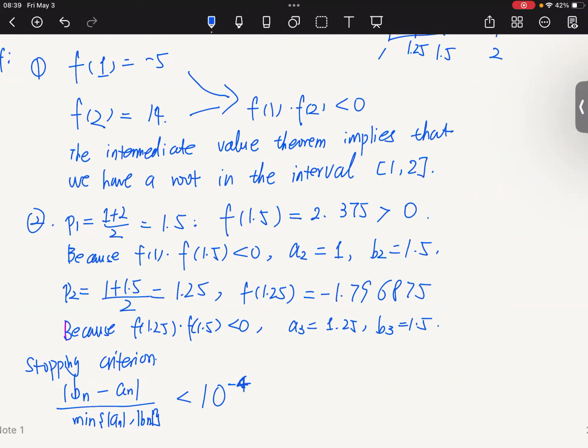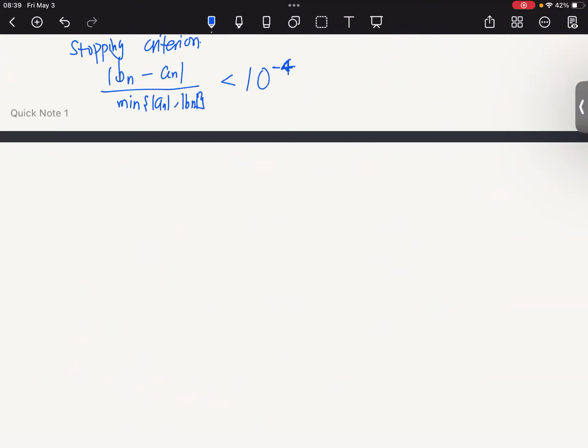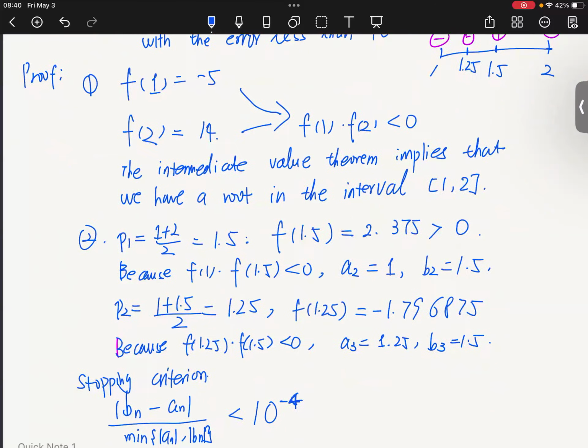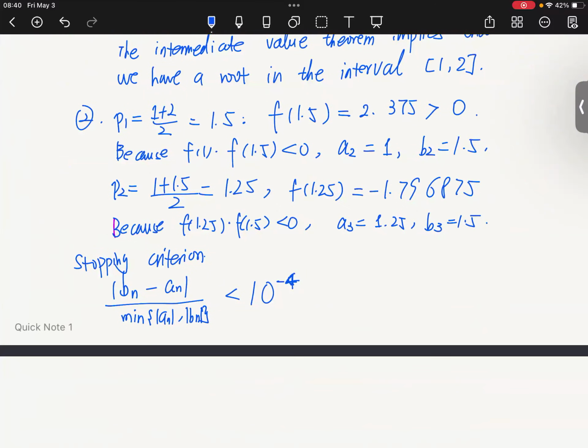So if you take a look at the lecture notes or the textbook, the iteration actually stops at n equals 13. It gives you P13, and it's the accurate, acceptable solution.